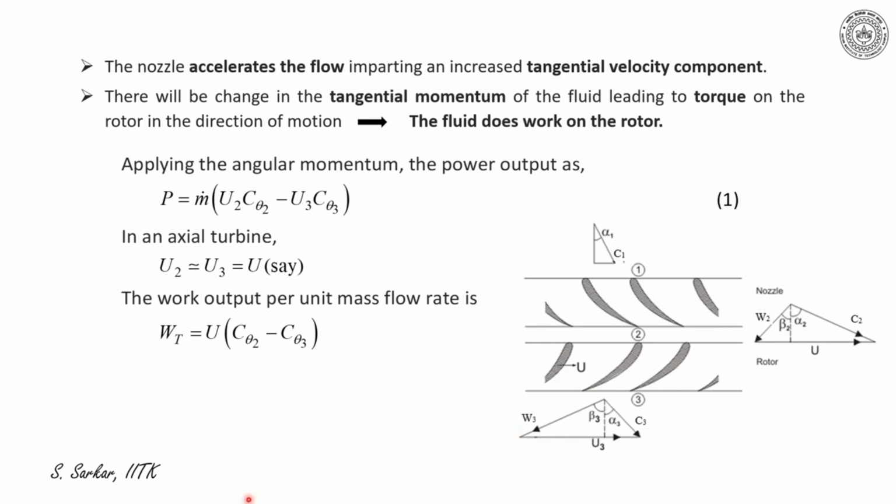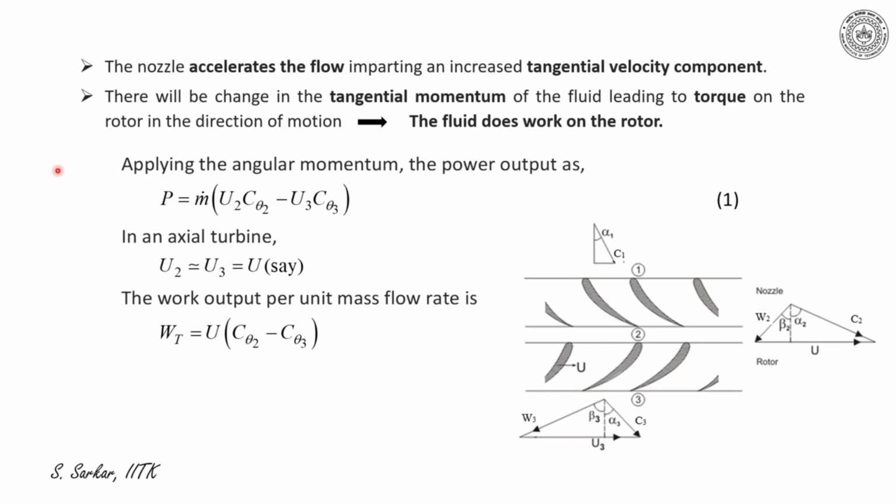Considering this, the nozzle accelerates the flow, imparting an increased tangential component of velocity. Thus, there will be a change in tangential momentum of the fluid leading to torque on the rotor in the direction of motion. This means the fluid does work on the rotor.